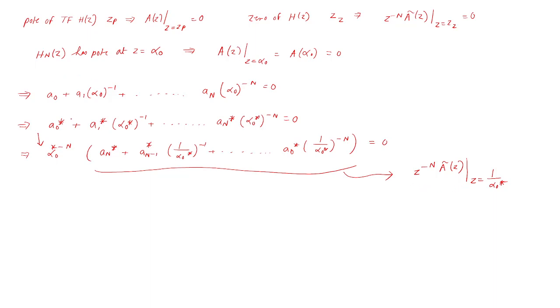Of course, this is the same as this, but unless you write in this format, you cannot see the direct correlation between these two expressions. So you can see this expression is nothing but the numerator polynomial evaluated at z equal to 1 by alpha naught star.